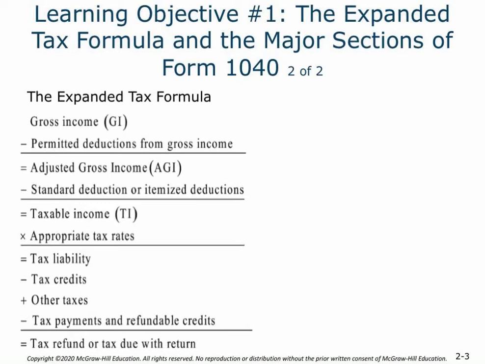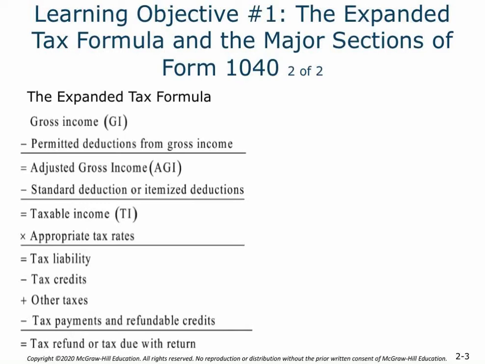And then we're going to subtract from AGI deductions, and that's going to either be a standard deduction or various itemized deductions if the tax filer is itemizing to arrive at taxable income. Once we have taxable income, we'll multiply by the appropriate rate based on the schedules that we will see later in this course to get tax liability.